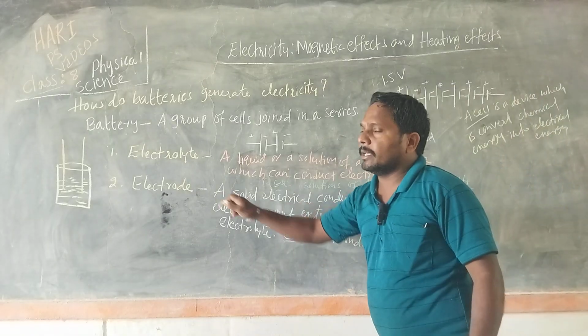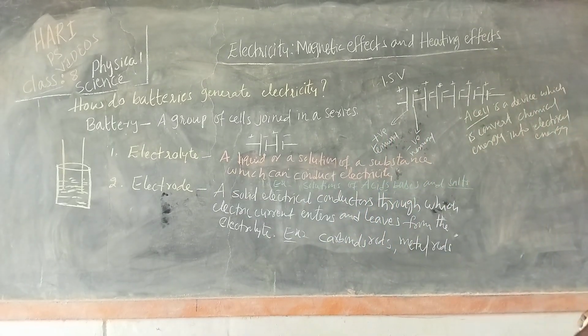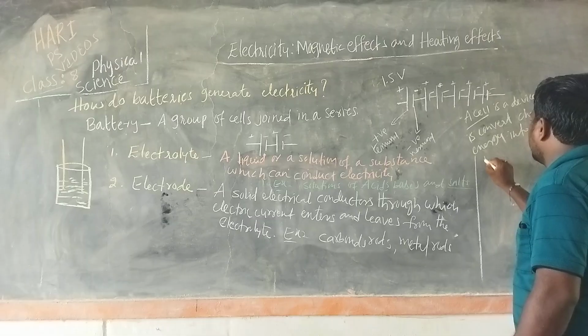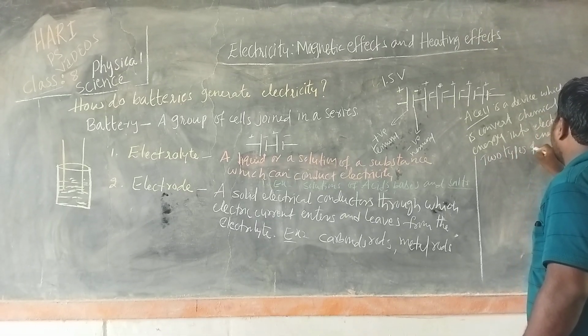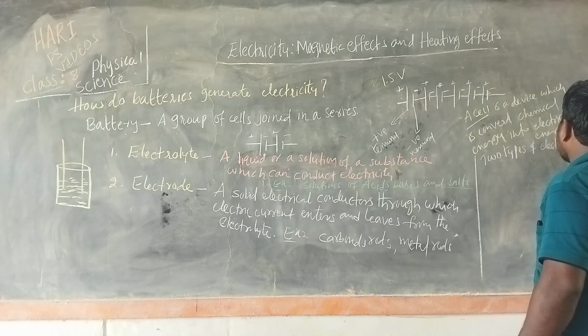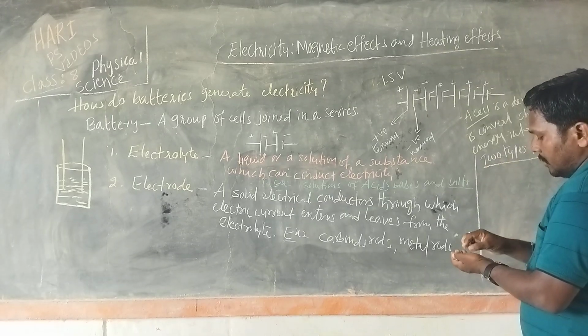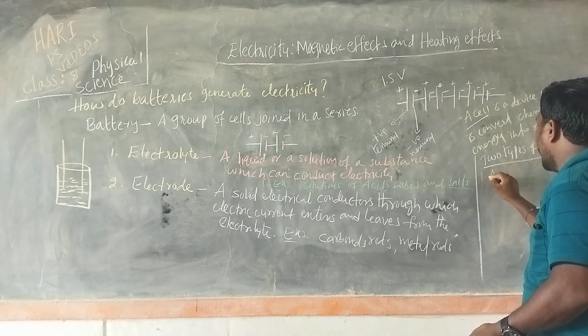So then electrodes. There are two types of electrodes. One is anode.